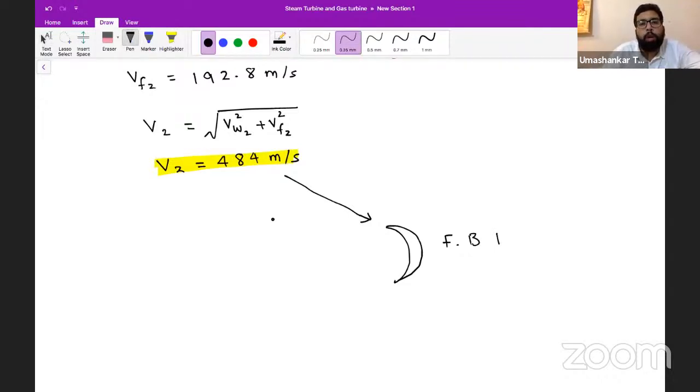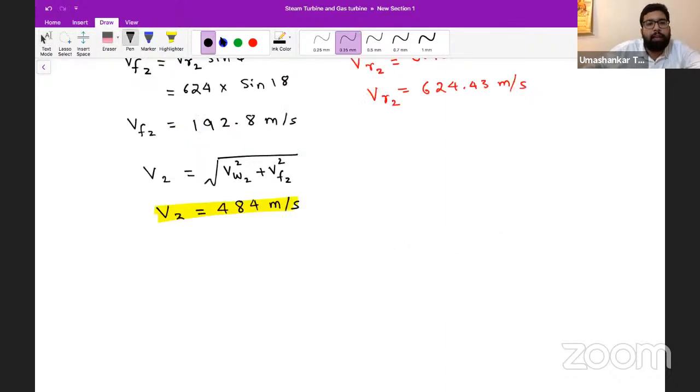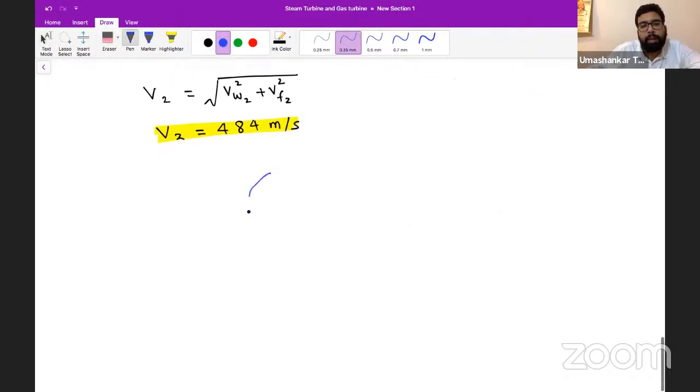So now the steam from moving blade 1, or let us make it again for better understanding. We have this first moving blade.